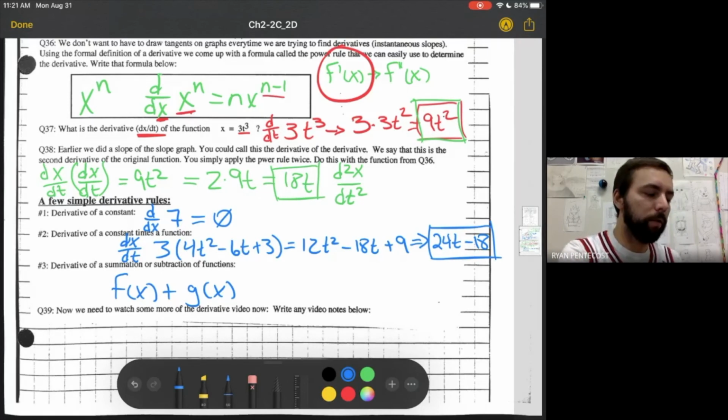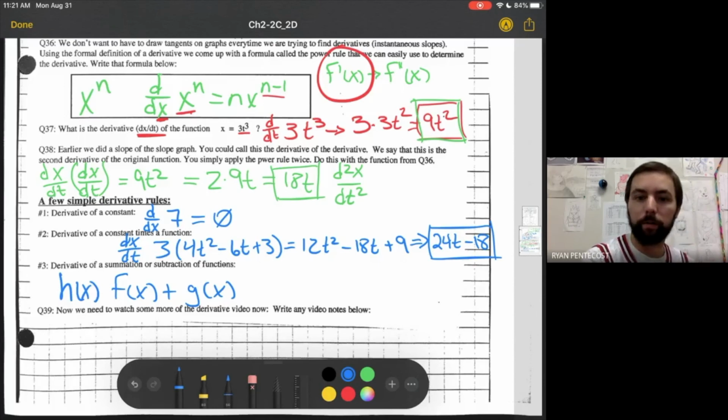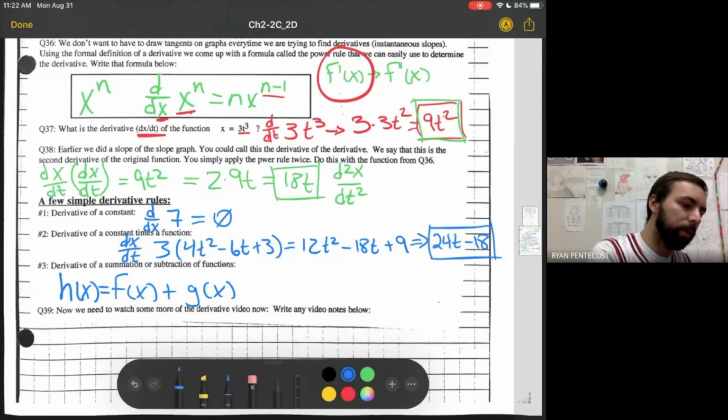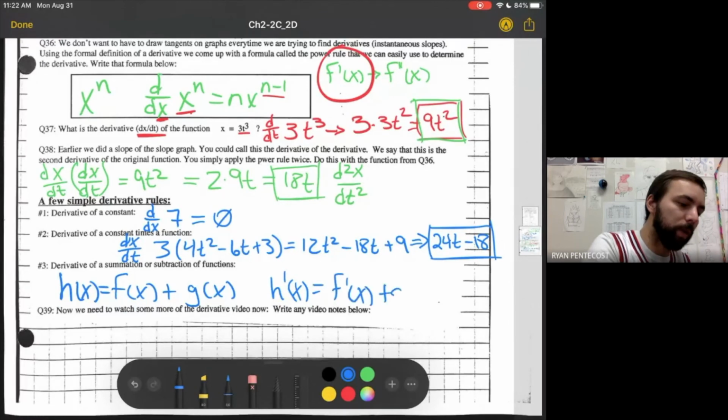The derivative of the summation of functions is the same as the summation of the derivative of functions. Coming up with notation on the spot is tricky. So let's say h of x equals f of x plus g of x. If we needed h prime of x, and sorry, I'm switching back and forth on notation, h prime of x would be the same as just taking f prime of x plus g prime of x.